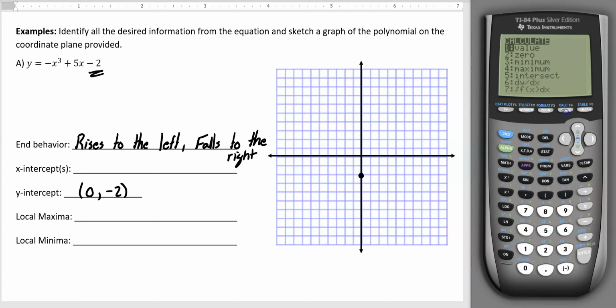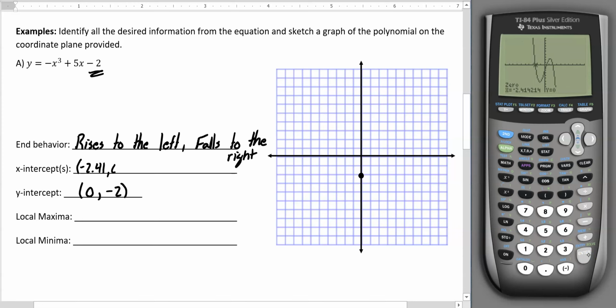So let's start with calculating our x-intercepts. So I find my second calc zero, and then I need to set my left bound, set my right bound, and here's the first one, (negative 2.41, 0). And we're just going to round all these to the nearest hundredth, so (negative 2.41, 0) would be right about there. And then let's calculate our next x-intercept. So I need to go to the left of this one and to the right.